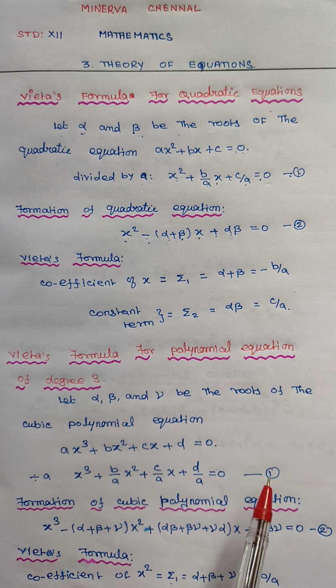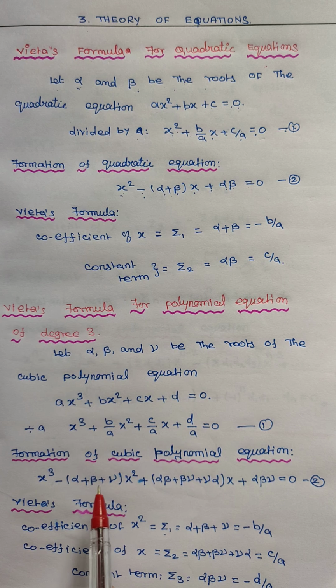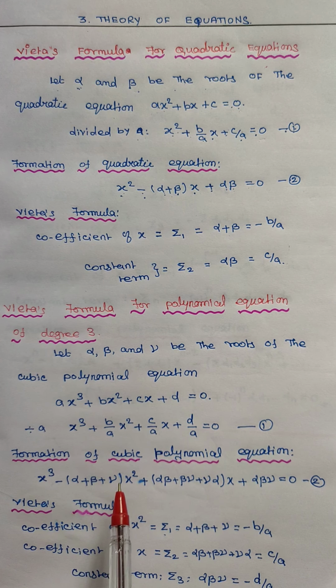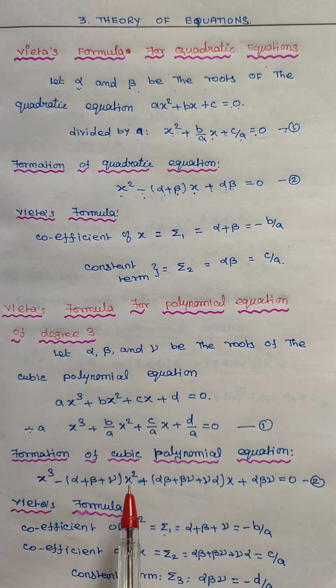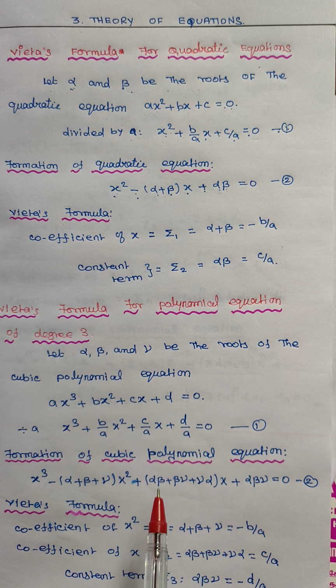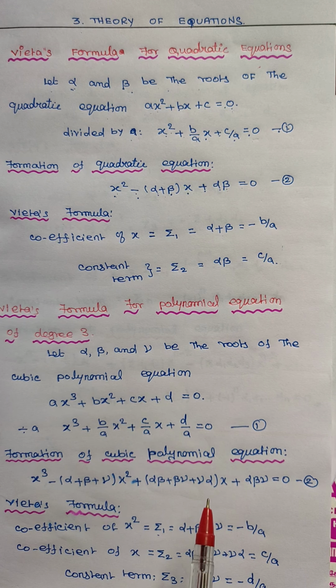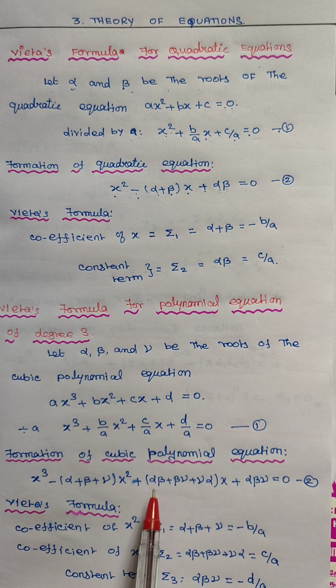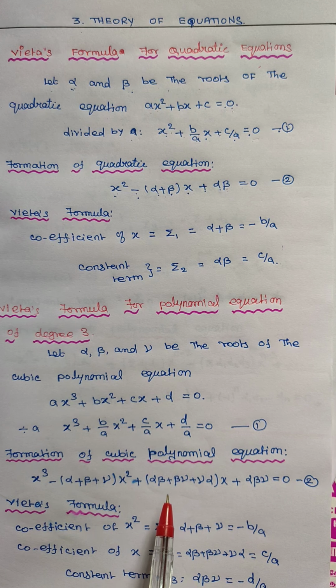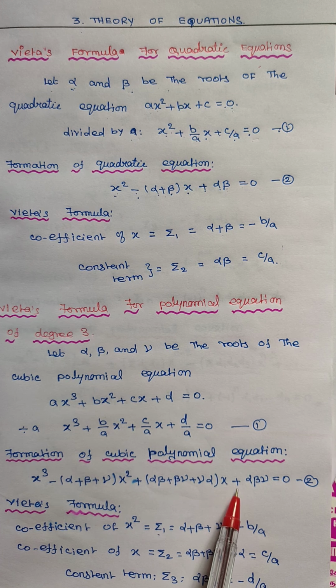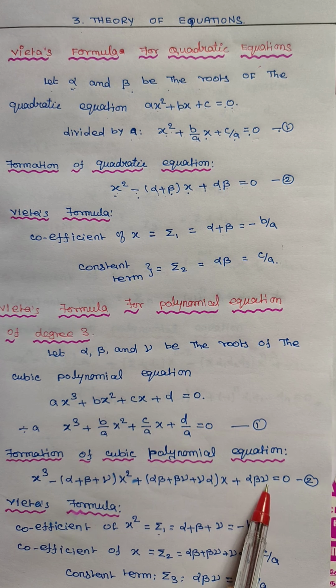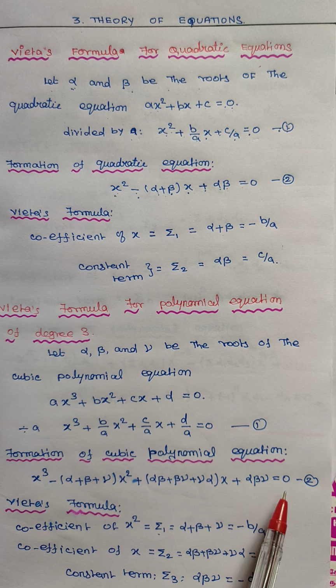That is x cube minus alpha plus beta plus gamma, that means sum of all the roots, into x square, plus alpha beta plus beta gamma plus gamma alpha, that means the sum of product of all the roots taken 2 at a time, into x, minus alpha beta gamma, that means product of all the roots, equal to 0. This is equation number 2.